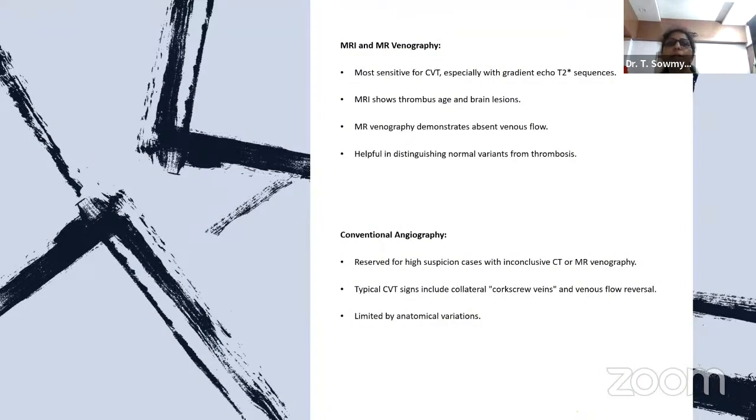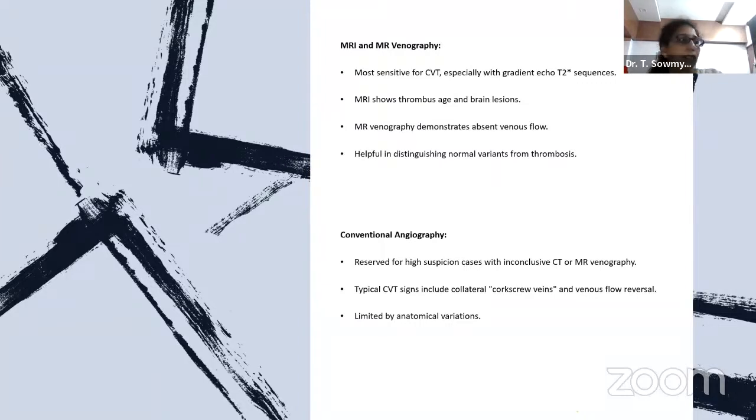And coming to the MRI and MR venography, they are more sensitive for CVT, and T2 images are the sequences we will be looking at a lot. On T1 in acute stage, usually the MRI findings are like this: if it is less than 5 days, on T1 weighted, if there is a thrombus, we will see an iso-intense lesion.